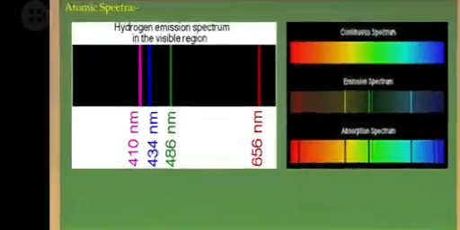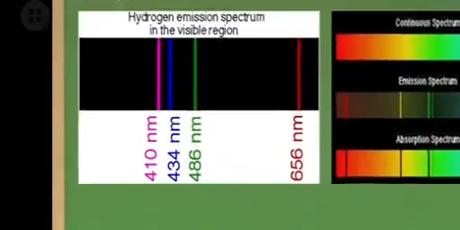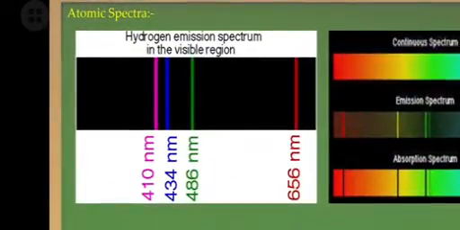In the first diagram you can observe the emission spectra of hydrogen. This is the spectra of hydrogen in the visible range. It means we can see these lines with our eyes, because we cannot see ultraviolet and infrared, as you know. So in the visible range, lines of definite frequency or wavelength are observed.